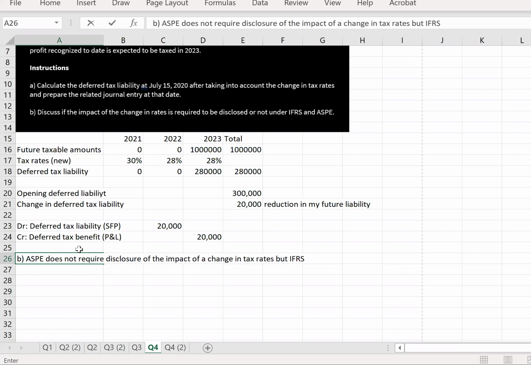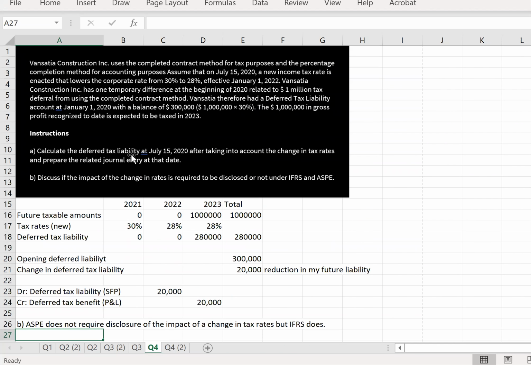And that's not surprising because generally speaking, IFRS requires more disclosure than ASPE. And that takes us through the last question.